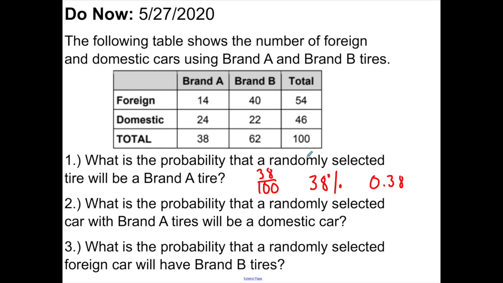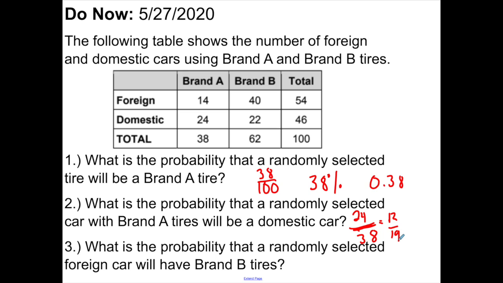What's the probability that a randomly selected car with brand A tires will be a domestic car? What this is saying is, if I randomly choose a car with brand A tires, what's the probability it's going to be a domestic car? I need to choose a car with brand A tires. How many cars have brand A tires? We just figured that out: 38 cars. Of those 38 cars, how many are domestic? That's 24 over 38, which is equal to 12 over 19.